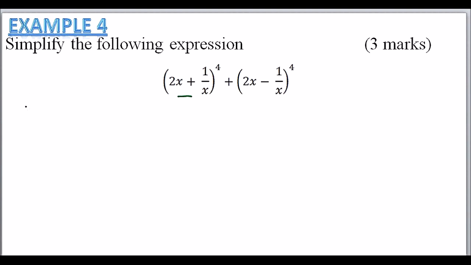So our example 4, this is a question that I came across in one of the past papers. So we are supposed to simplify this expression. So I'll start by expanding the first one.